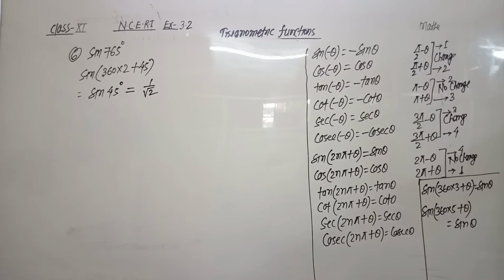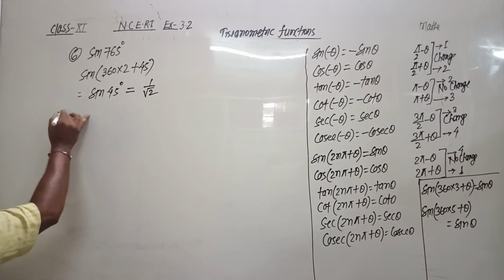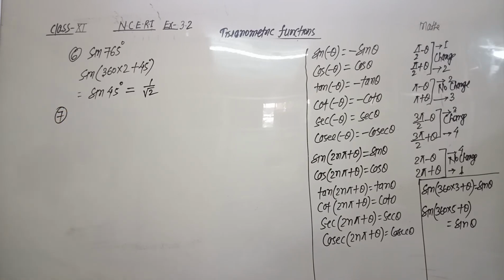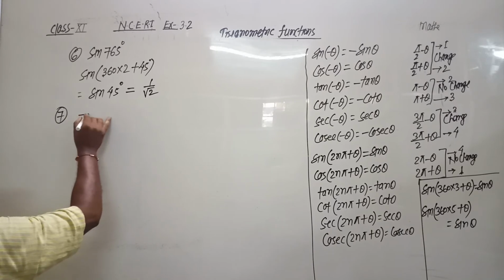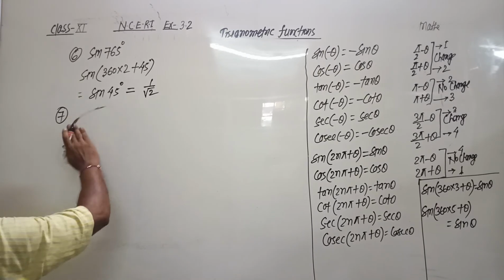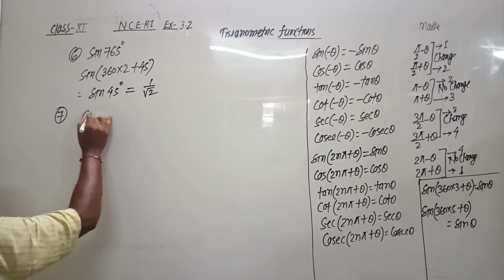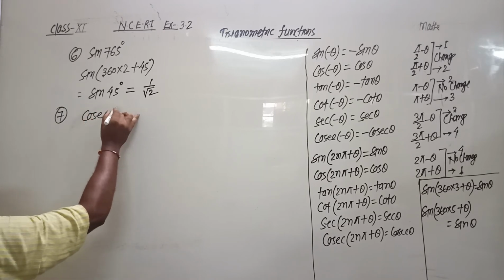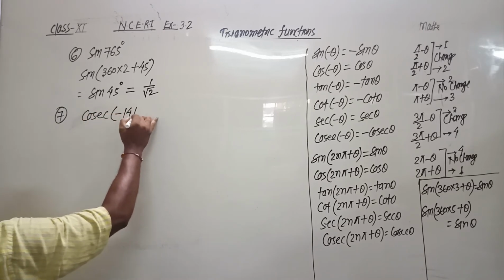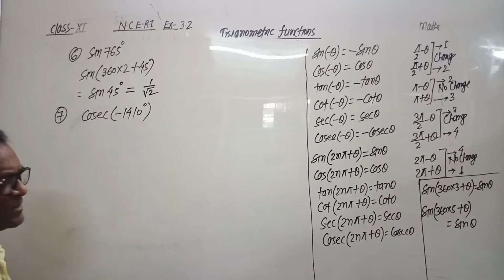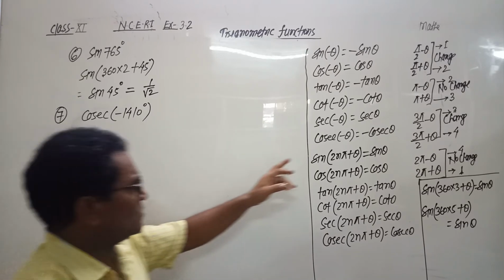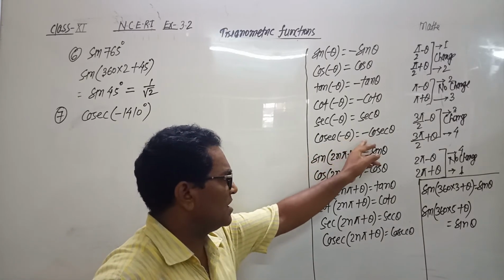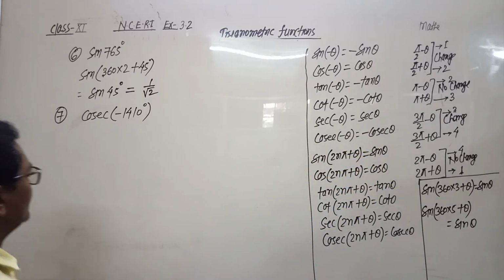Now 7th question. Question number 7. This is cosec of minus 1410 degree. Firstly we use this formula, cosec minus theta: minus comes outside.